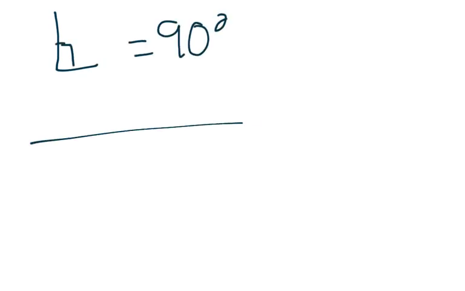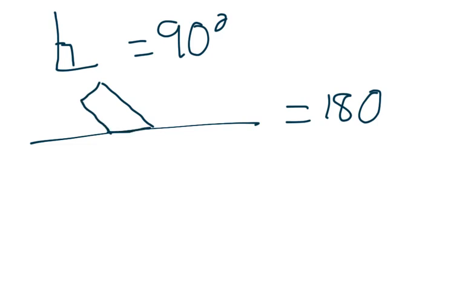So main things to remember today: right angle, if you see the square, it's 90. Straight line is 180, and you may see that on the corner of a quadrilateral like this. So just remember those two there will be 180.